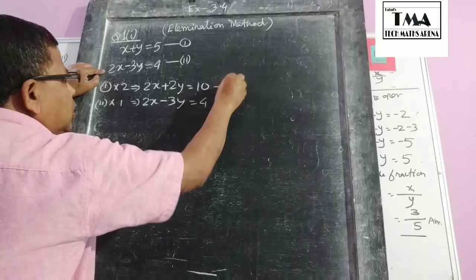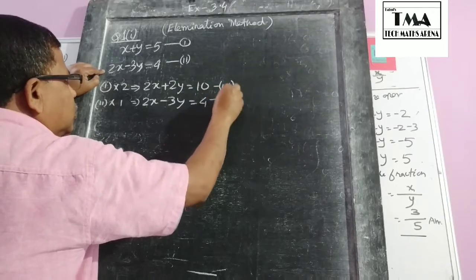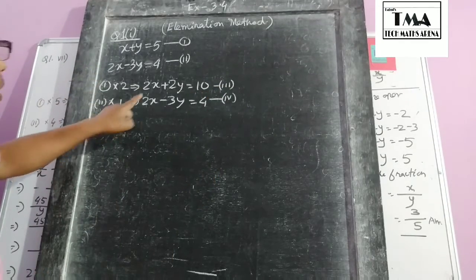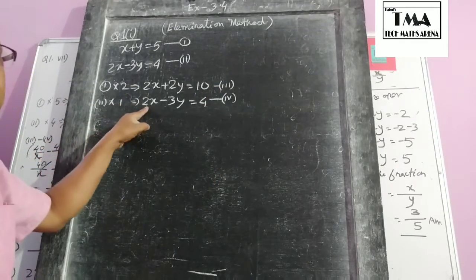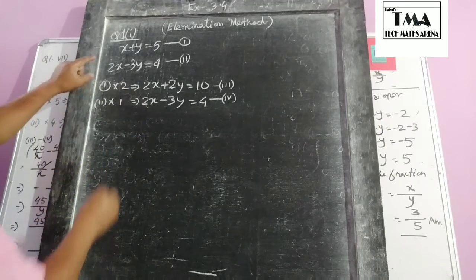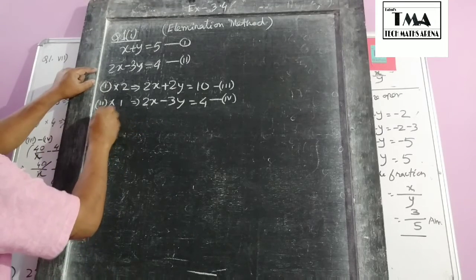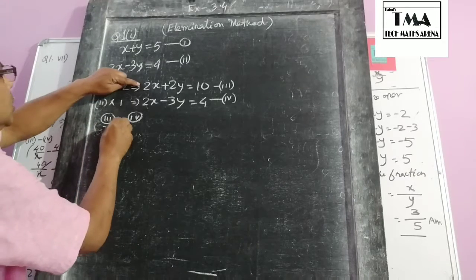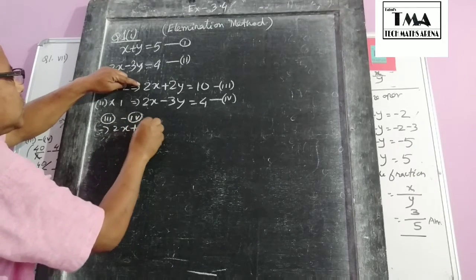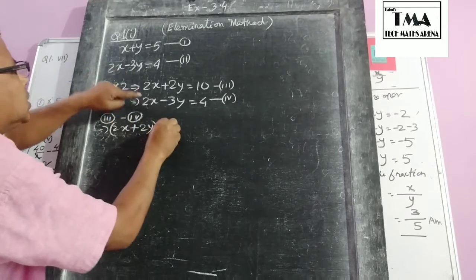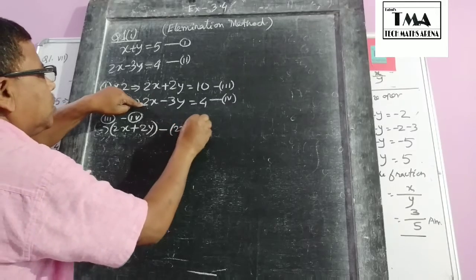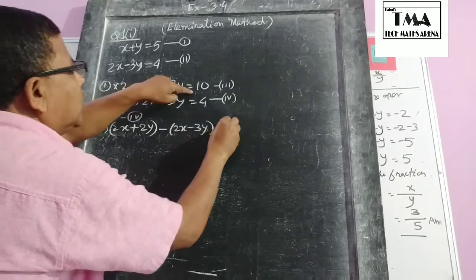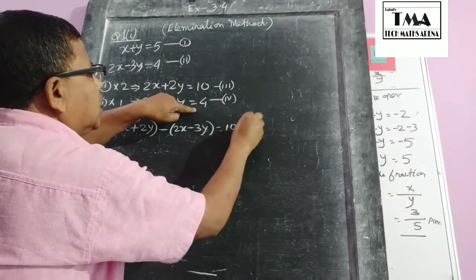This is the third equation and this is the fourth. Now to eliminate 2x and 2x, we have to subtract the equations. So 3 minus 4, then this is 2x plus 2y, left hand side, minus left hand side, 2x minus 3y is equal to right hand side, minus right hand side.